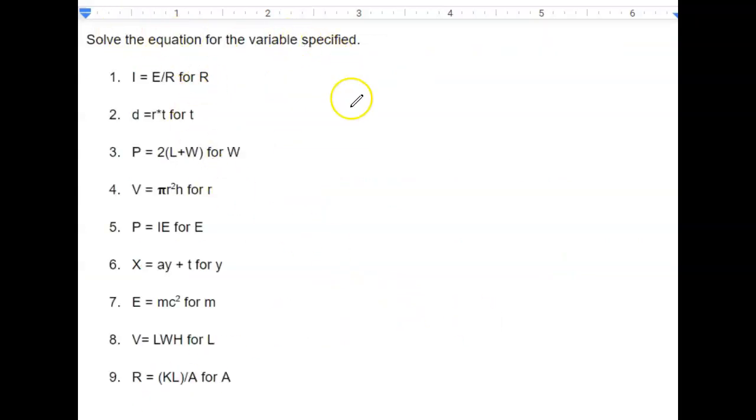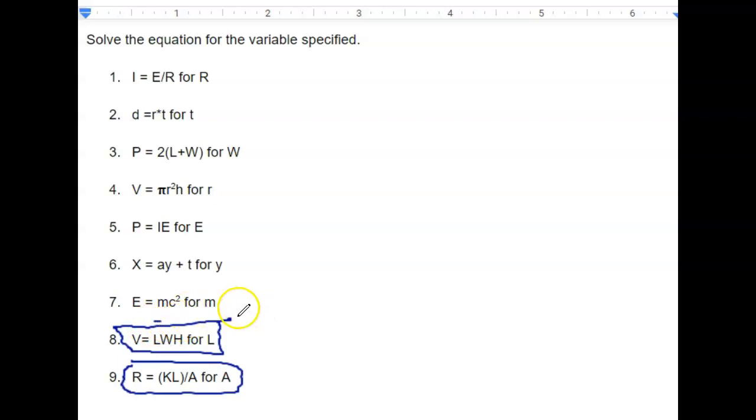As you work through these practice problems that go along with the formula introduction, be aware that sometimes you have several multiplication pieces going on, like these last two problems. If that is true, you can divide off everything all at once. So for volume equals length times width times height, as I said, all of this is multiplied together. So this is like length times some gigantic number. If there were numbers in here, I'm going to divide that big number off.